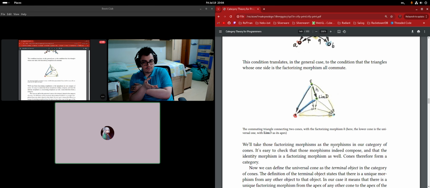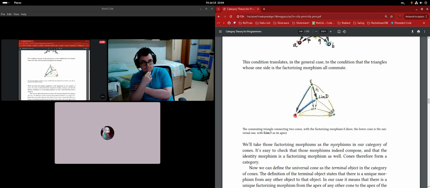It's not really a coincidence in the sense that if lim D is really the terminal object, then every other cone that has the same base you can stack on top of it. But the point is that they don't have to form a strict tower.